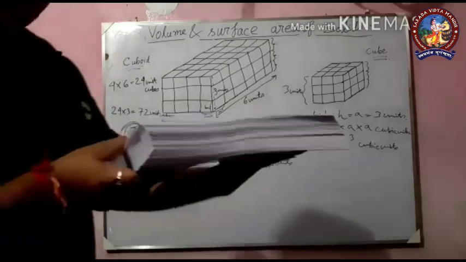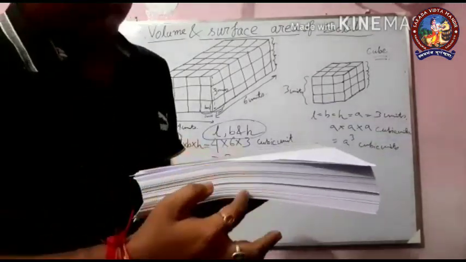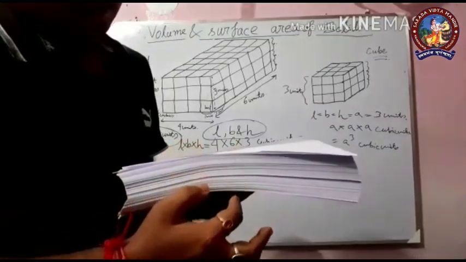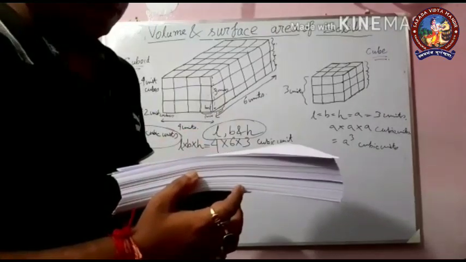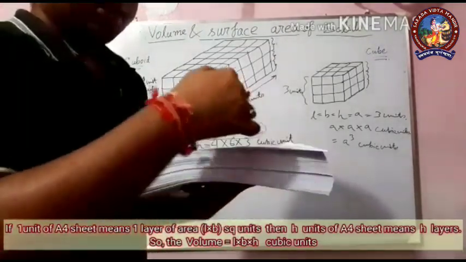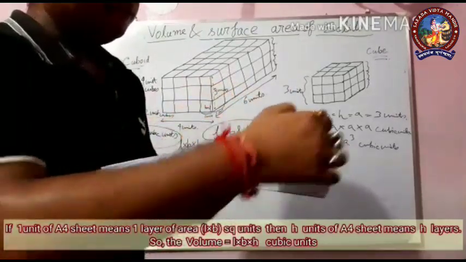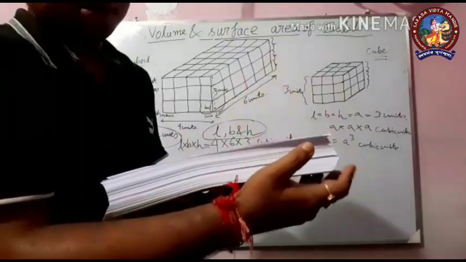I am taking here a bundle of A4 sheets. Here, suppose I have 8 units of A4 sheets. Okay, so what will be the volume of this bundle? That is length into breadth into h unit, that is height of this bundle.